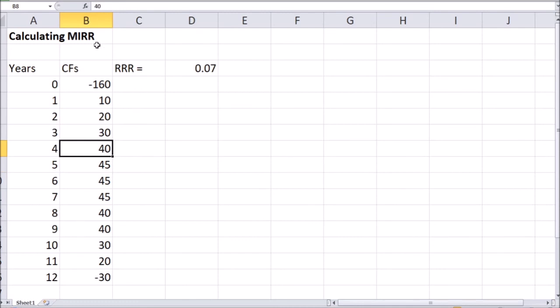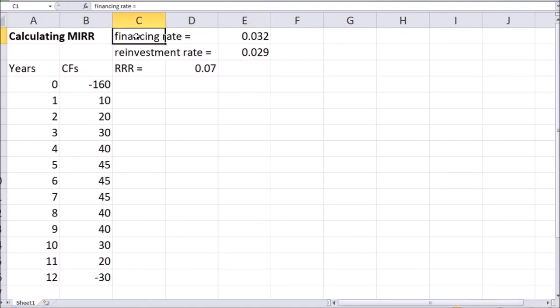So the modified internal rate of return formula also requires a reinvestment rate, right? So let's have those two. Let's say financing rate is 3.2%, just for example, it could be anything. And reinvestment rate is, let's say, 2.9%.